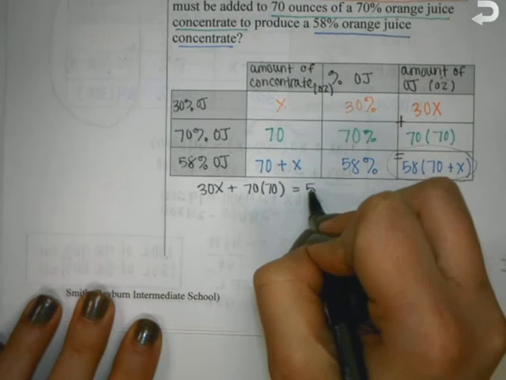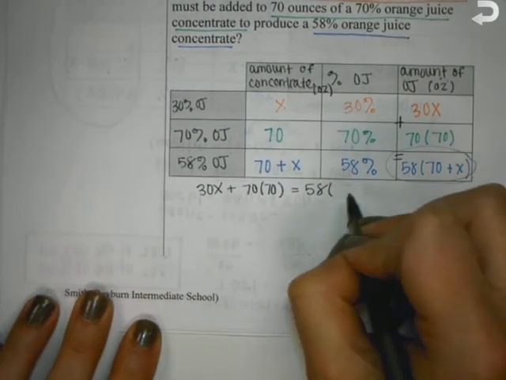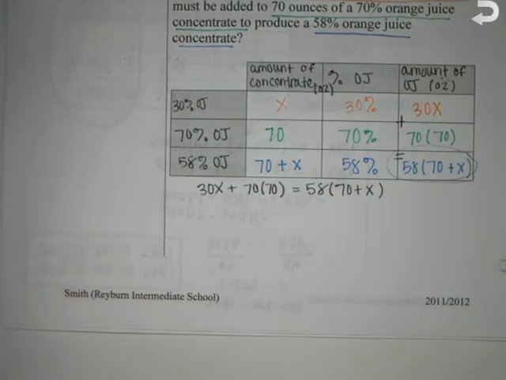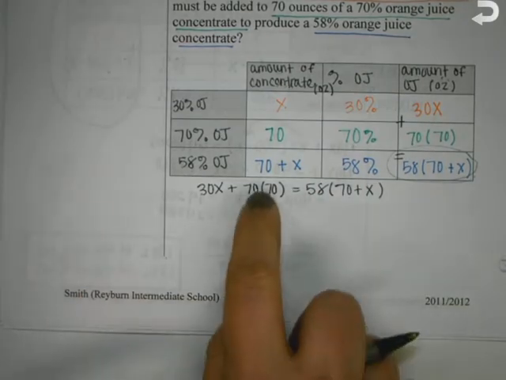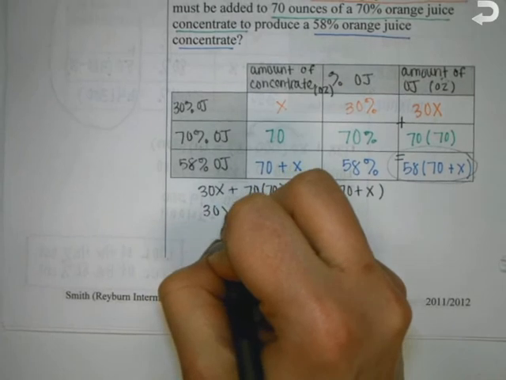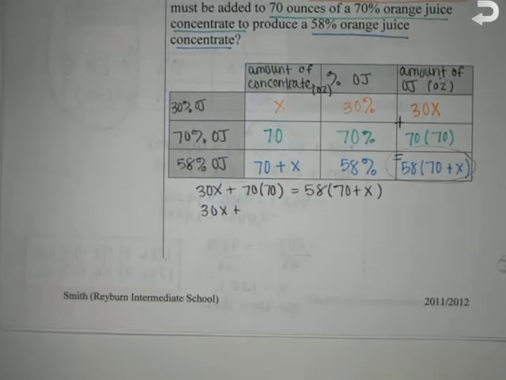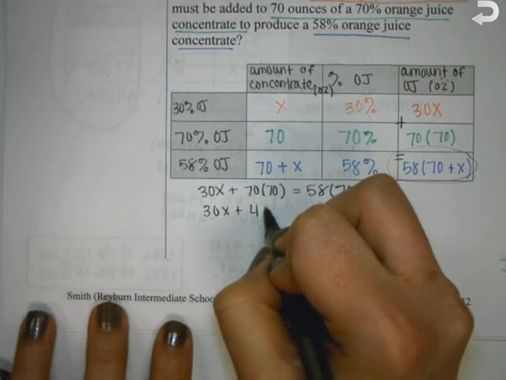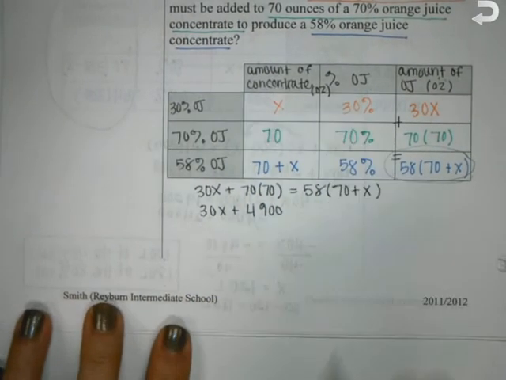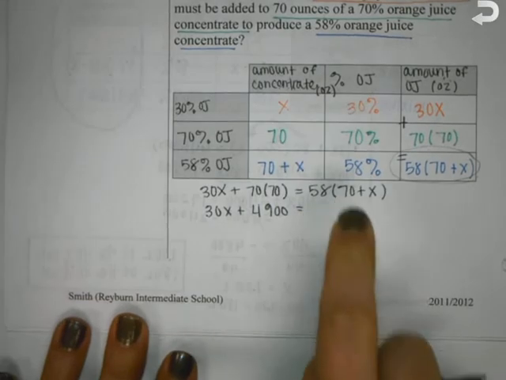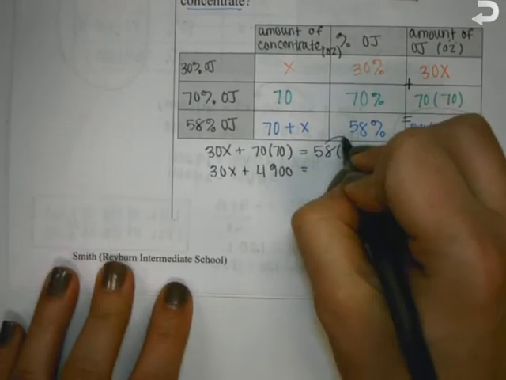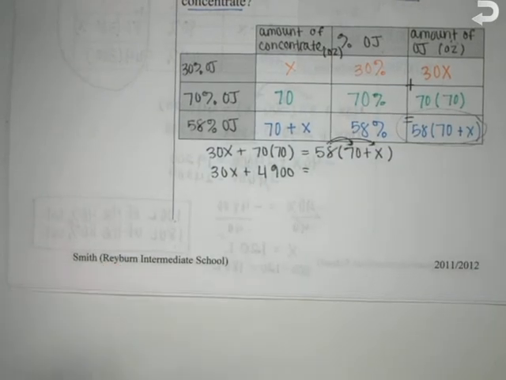We have 30x plus 70 times 70? 4,900. Remember, there's two zeros. Equals, what am I going to do on this side? Distribute. So 58 times 70. 4,060. So 4060 plus 58x.